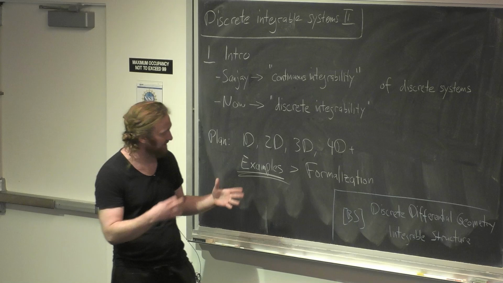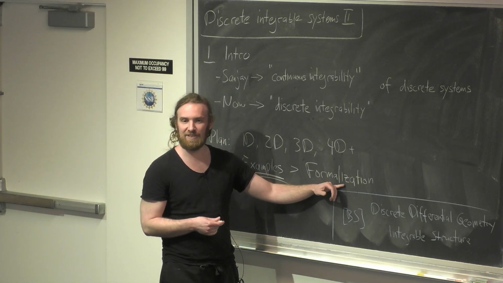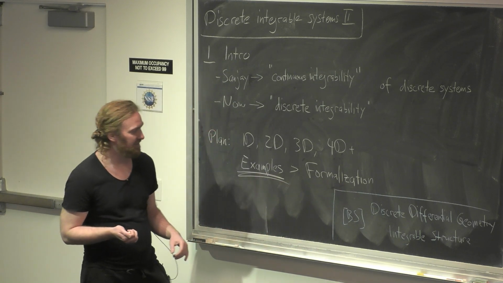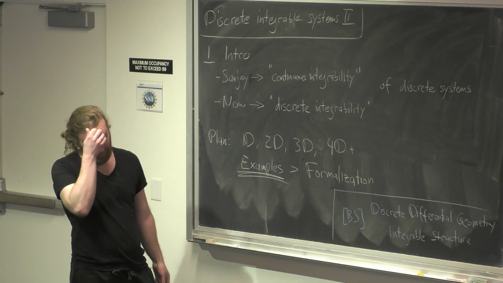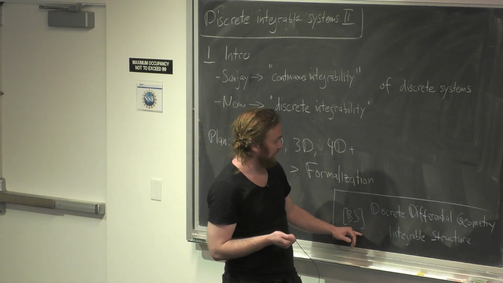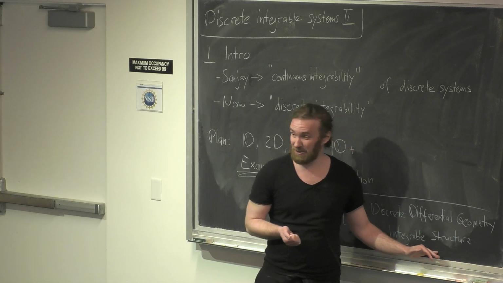When I prepared this talk, in several waves I deleted more and more of the formalization because it doesn't help that much, and with limited time, you can ask me about it otherwise. If you want to read up about it, there's this book by Bobenko and Suris, called Discrete Differential Geometry: Integrable Structure.